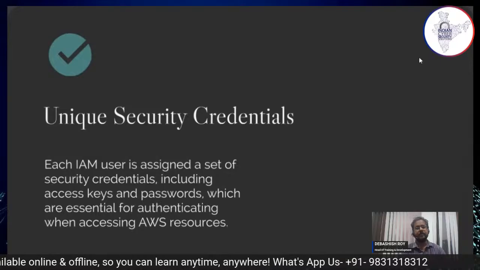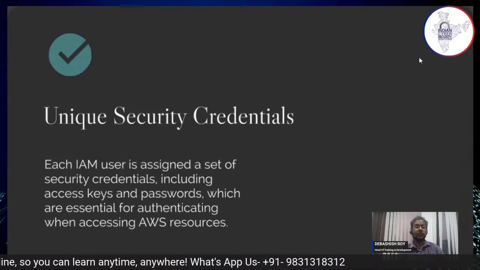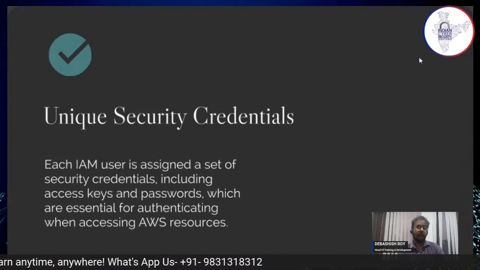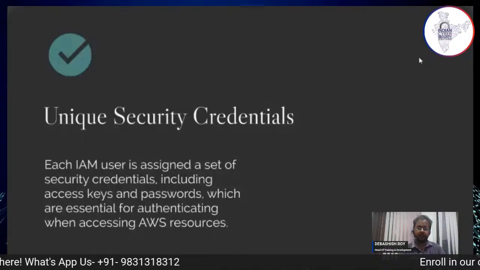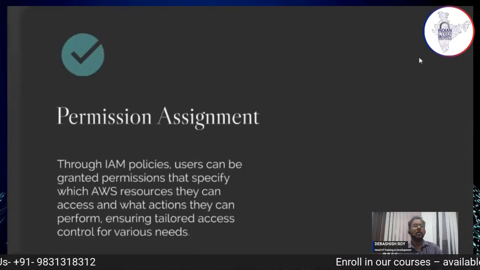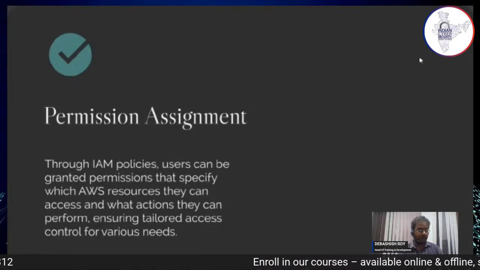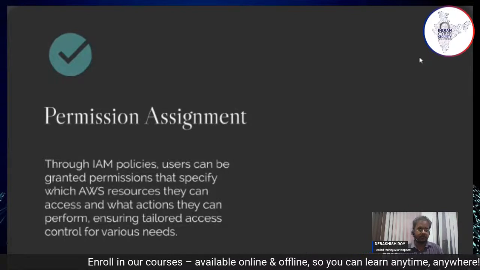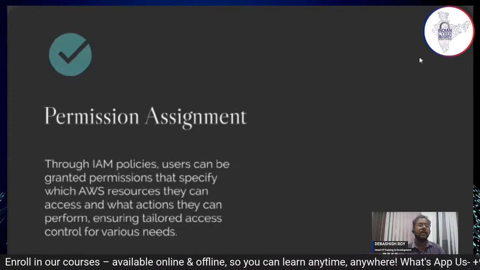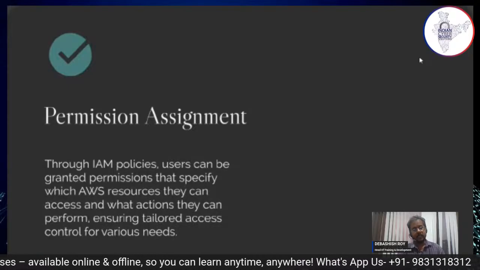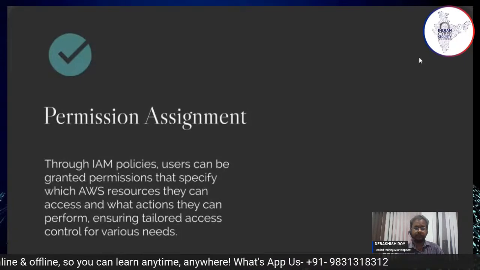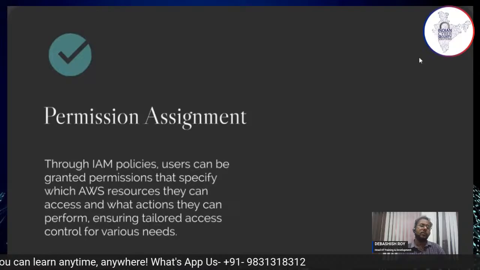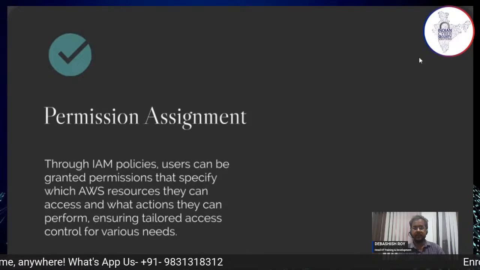So access keys should be there, and also the password, and also there is MFA, multi-factor authentication, in the cloud. Permission assignment is the first step. Through IAM policies, users can be granted permissions, and it can specify which AWS resources they can access and what actions they can perform. This ensures tailored access control for various needs.